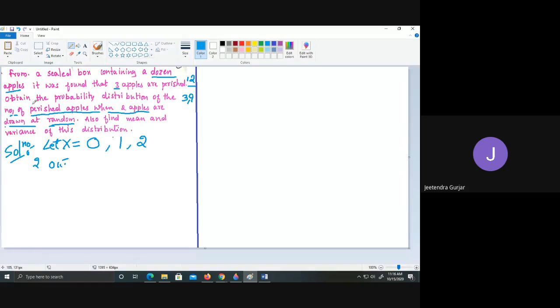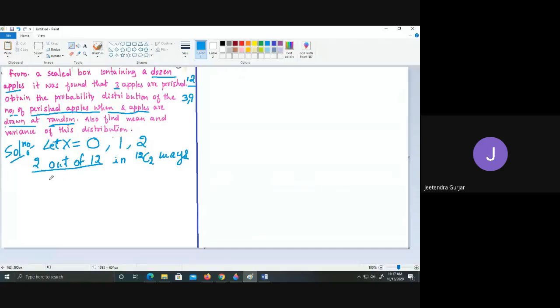So if you draw two apples out of 12 apples, how are you going to select them? Remember this: 12C2 ways, students. If I take 2 out of 12, I can select these apples in 12C2 ways.